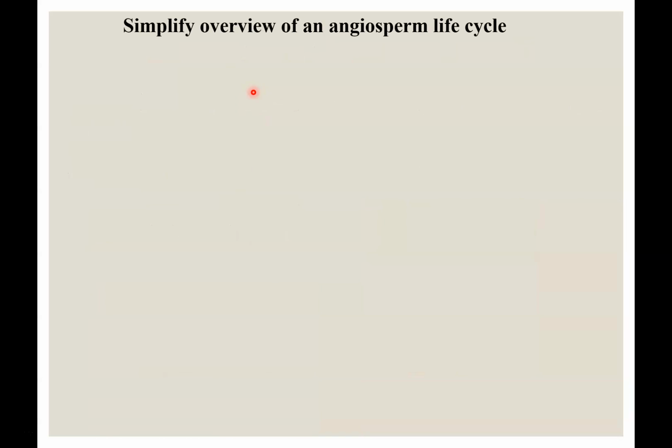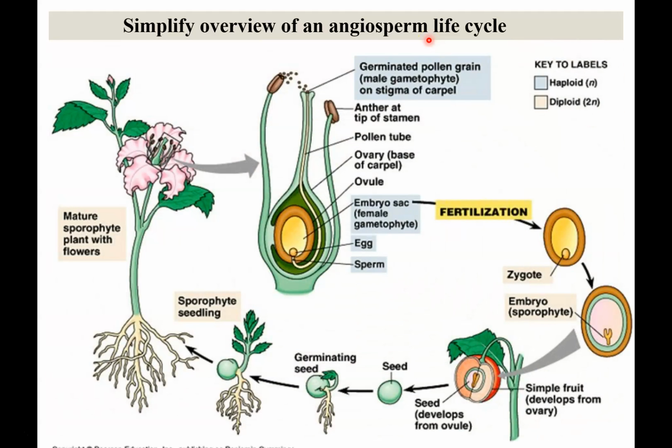Now, in order to introduce reproduction to you, we need to look at an overview of the angiosperm life cycle. I have chosen this diagram because it shows the cycle in a very easy way and separates the phases in the cycle where a plant is in the haploid state or in the diploid state, the N or the 2N.